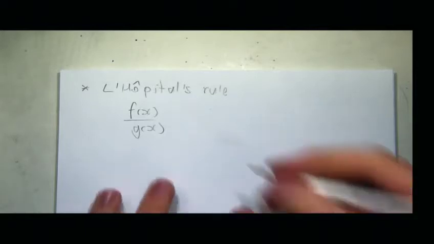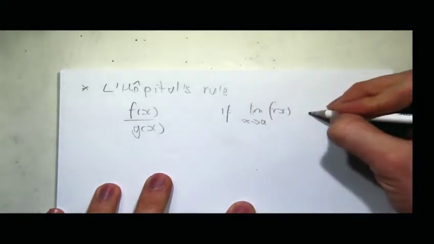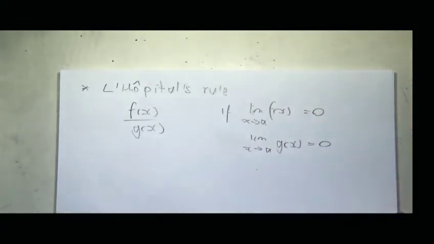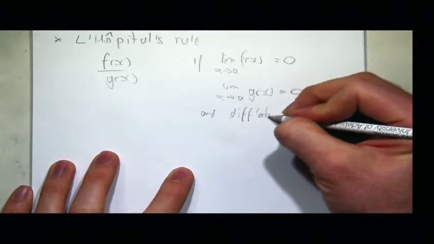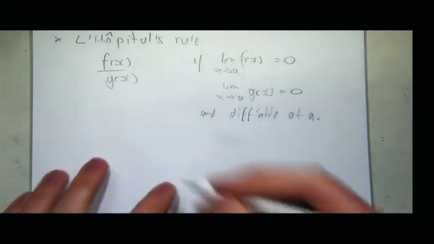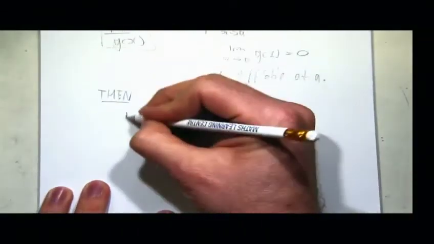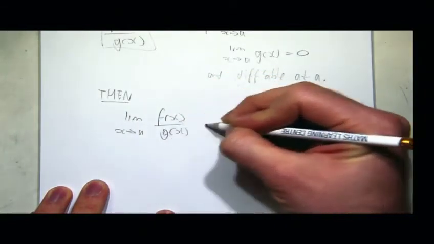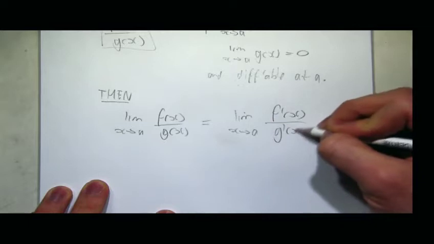Okay, so if the limit of f of x as x goes to somewhere is 0, and the limit as x goes to somewhere of g of x is 0, and they're both differentiable at the point A, that's the key point, then the limit as x approaches A of f of x over g of x is the same as the limit as x approaches A of f dashed of x over g dashed of x.